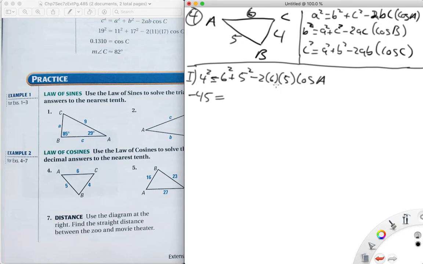This is 2 times 6 times 5, so that's 30 times negative 2, so that's negative 60 cosine A. Divide both sides by negative 60. That gives me 45 over 60. I'm not going to simplify.